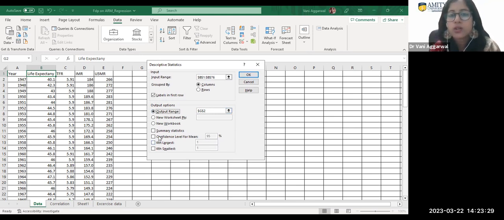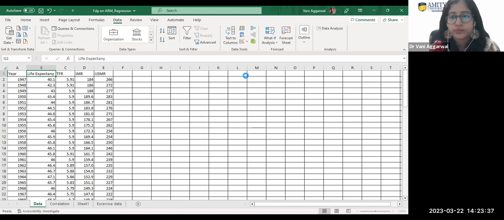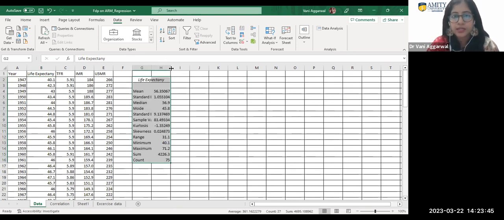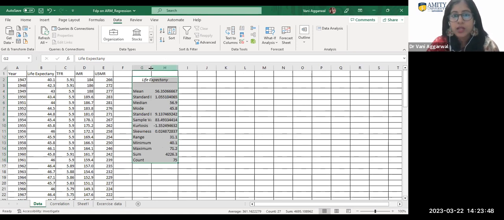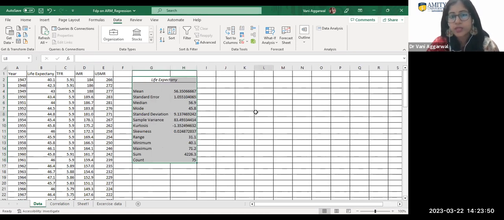Now I want summary statistics, so I'll click on this, and then OK. Excel will create column-wise descriptive statistics of my variable life expectancy like this.